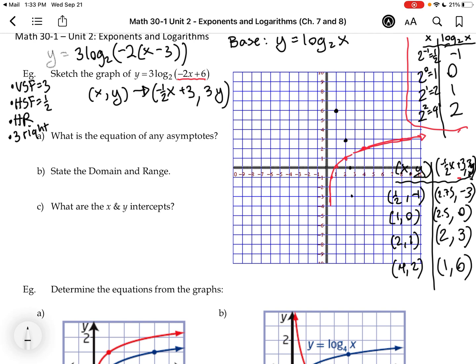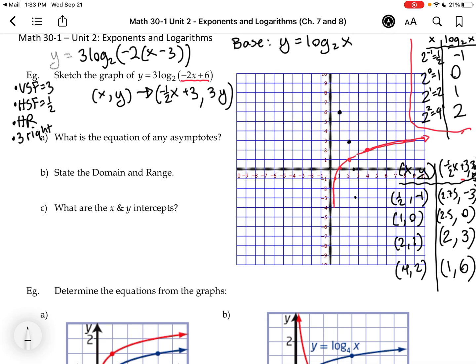Okay, so here is my graph. And this, by the way, 3, which is the h value, is my vertical asymptote. Okay, so equation of any asymptotes, that is x equals 3.